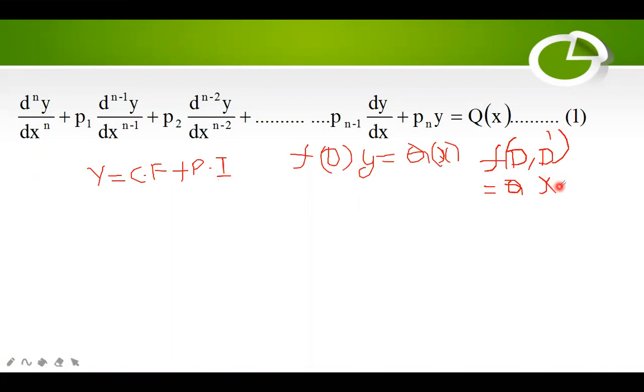In the same way we equate f of D, D dash equal to 0 and find the CF, based on the values of the roots.